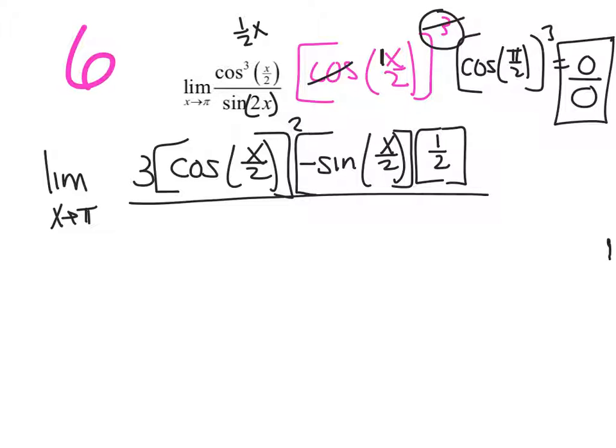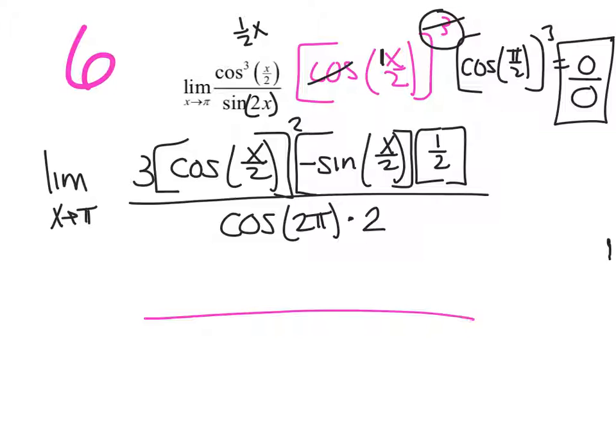All over the derivative of the denominator, which again is chain, inside, outside. So derivative of the outside, keep the inside, times the derivative of the inside. And again, we'll just carefully plug in pi. I'm going to start with the bottom because it looks a little neater. Whoops, that should have been an x, sorry. So the cosine of 2 pi is 1, and 1 times 2 is 2.